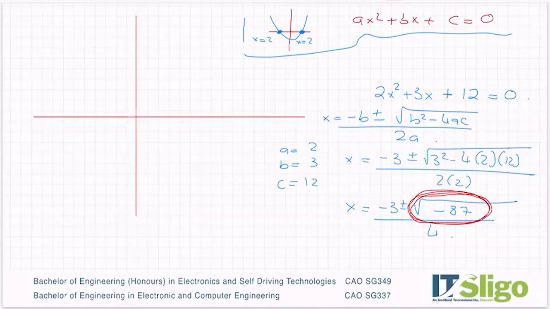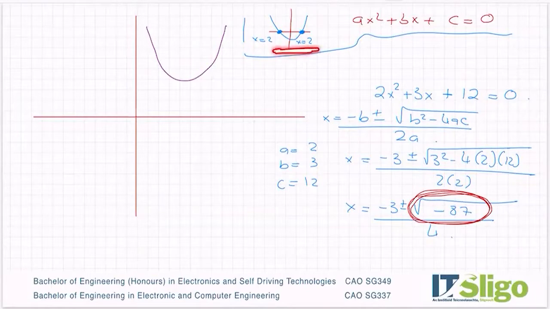So what does that mean? Well, what it actually means is if I was to plot it, and I haven't done it properly, so this is just a rough graph, it would plot something like that.